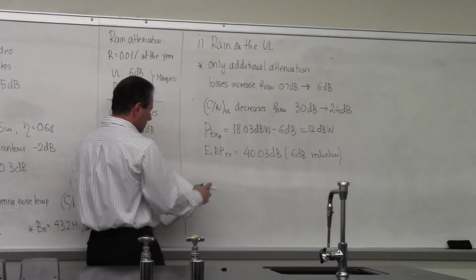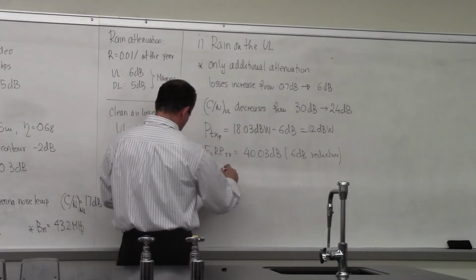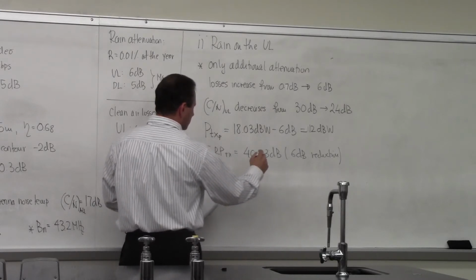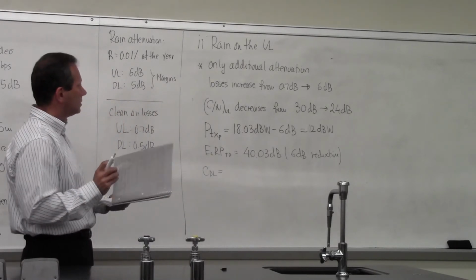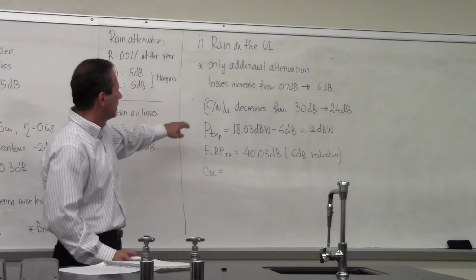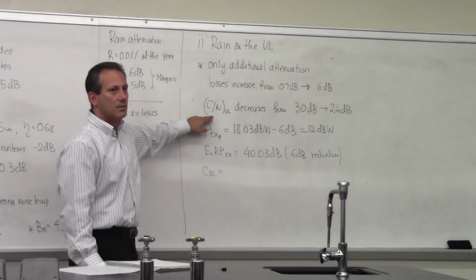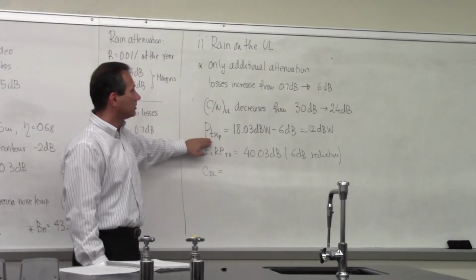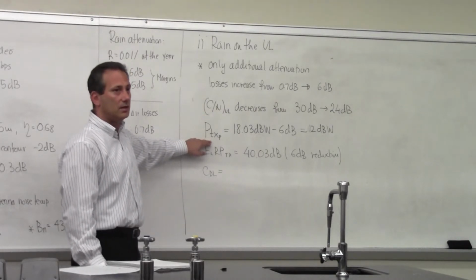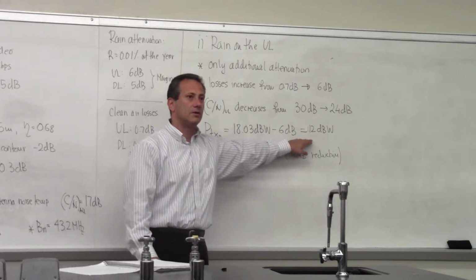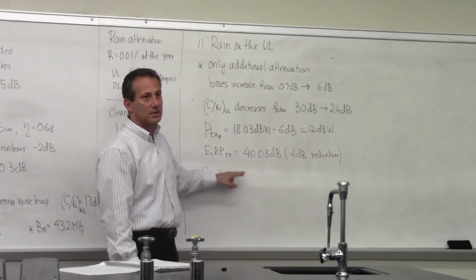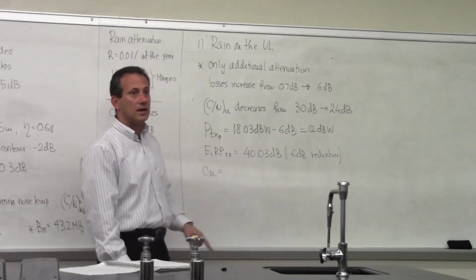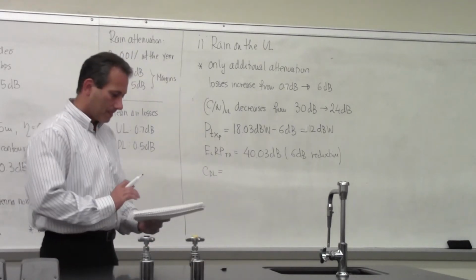And then as a result, C on the downlink is now smaller by 6 dB. No, C on the uplink I already took into account by recalculating this value, right? But now, assuming that your transponder has a fixed gain, your EIRP on the transponder becomes smaller, and as a result there's a 6 dB reduction in your downlink signal as well.